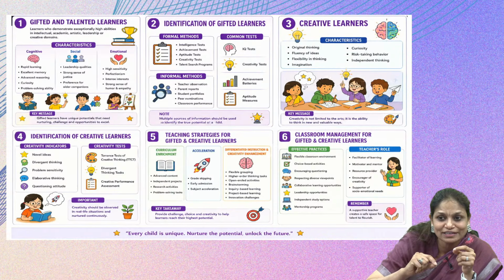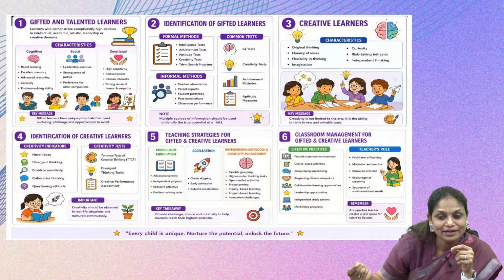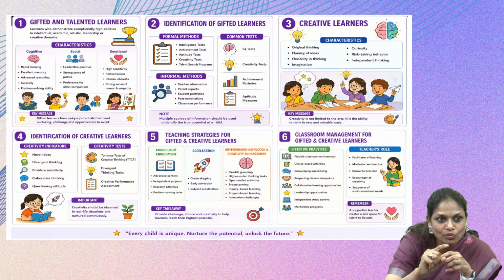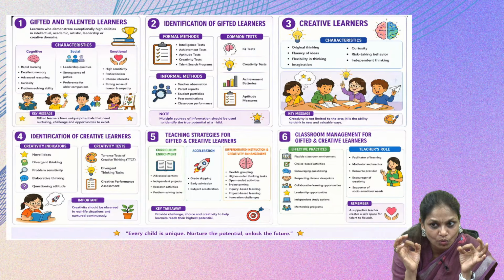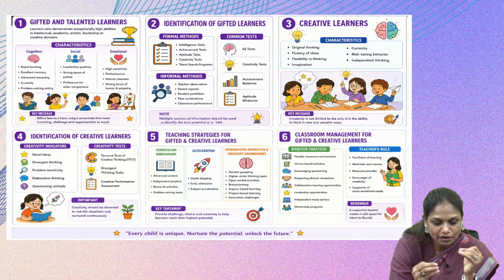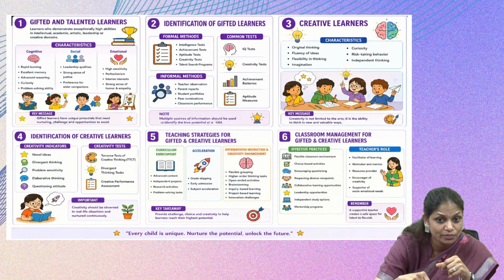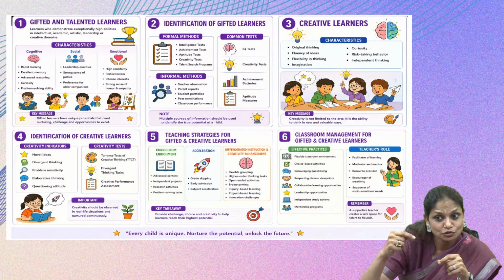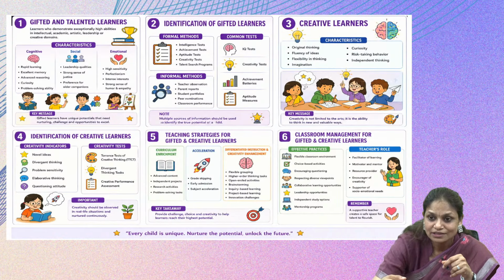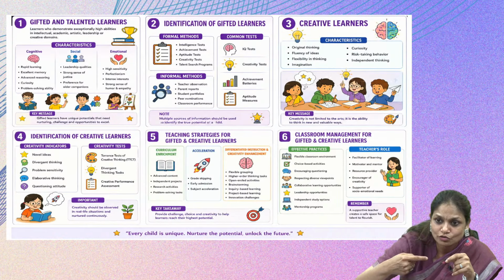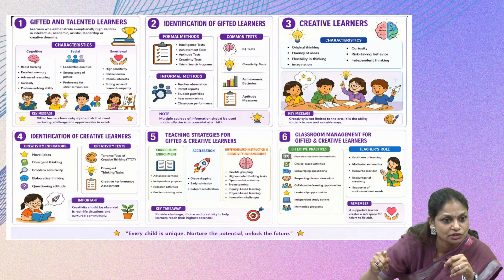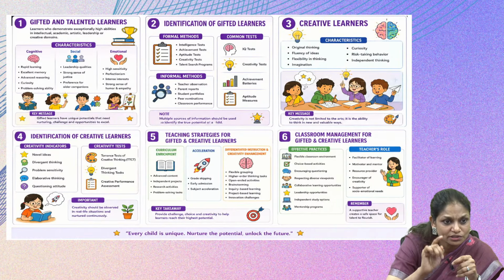Most of the questions say they excel in academic, social and emotional areas, right? But if you know the characteristics of gifted children, you can easily come out with the option: yes, gifted children may be good in academics, but they have a problem with the social and the emotional. So immediately when you see these terms coming together, you will just remove that option. So it is very important to understand.